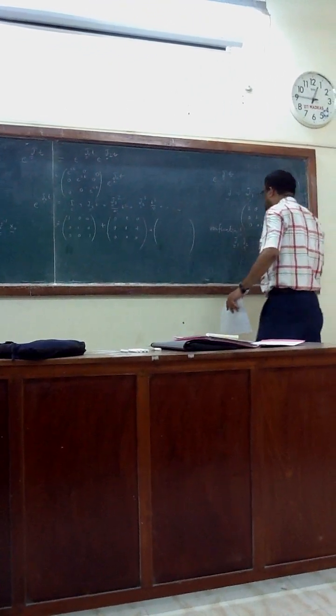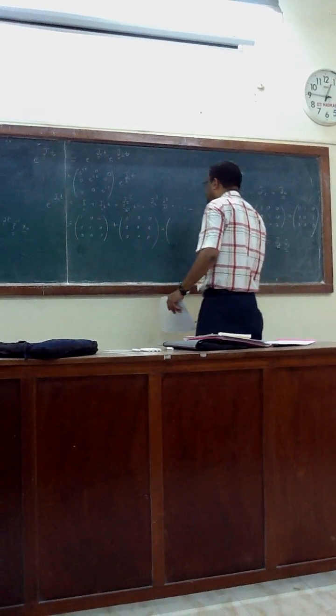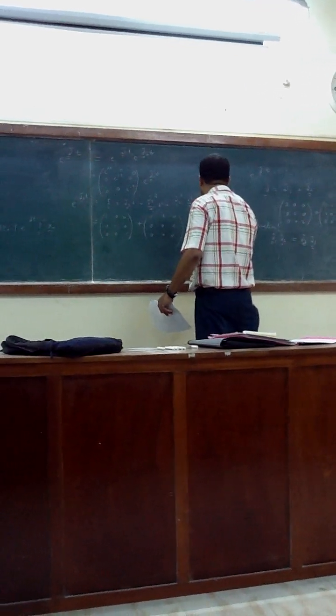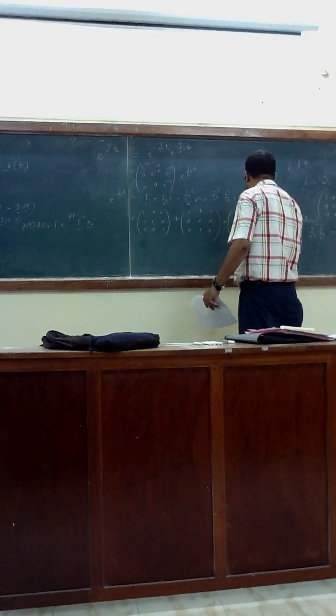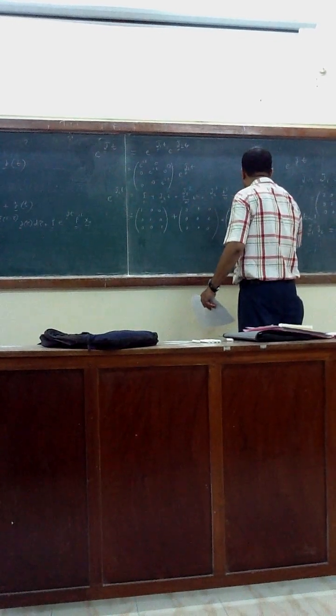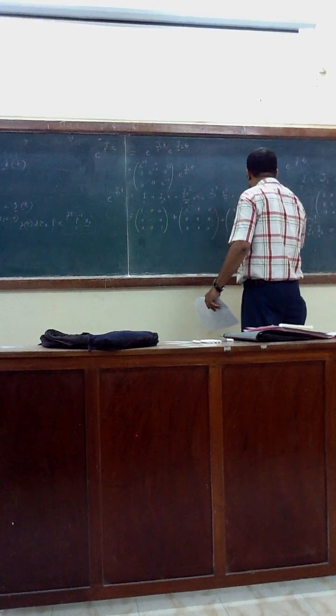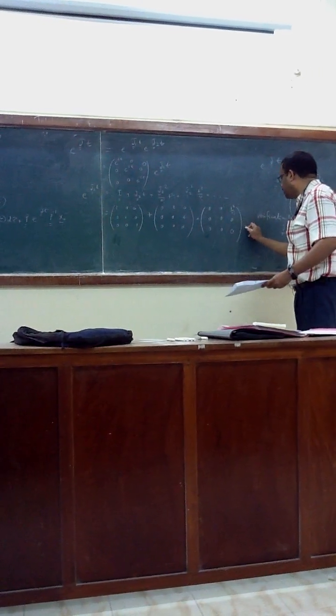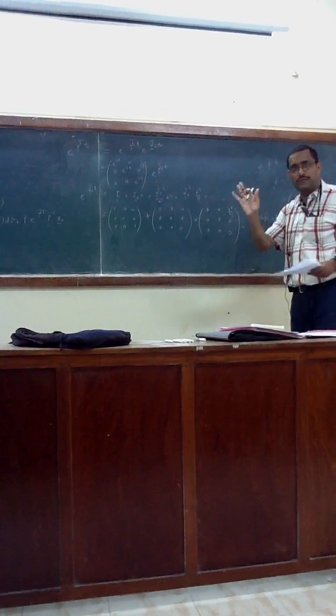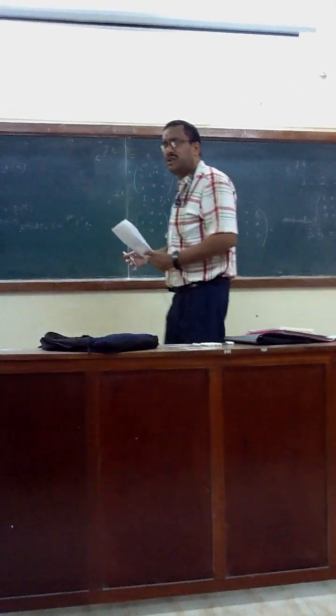J2 square, how much? 0 0, then 0 0 0. So J2 square by 2 factorial will be the t square term. And then what will happen? J2 cube will be 0. You will see that, you verify. That's the beauty of this method.